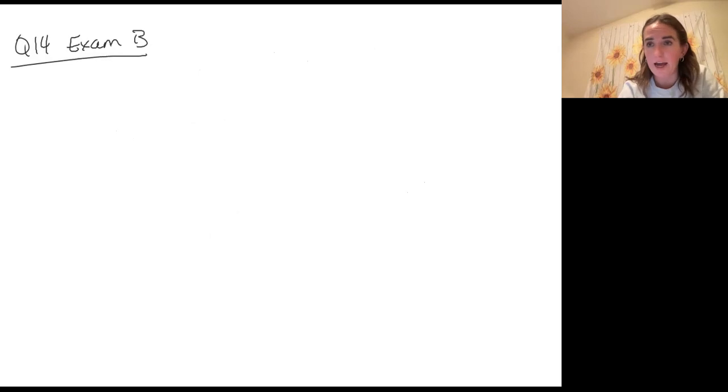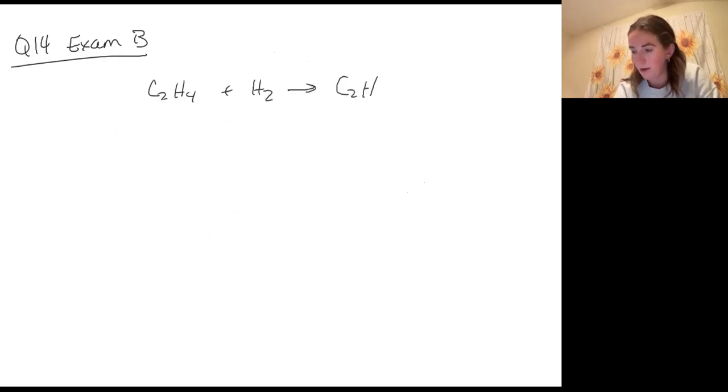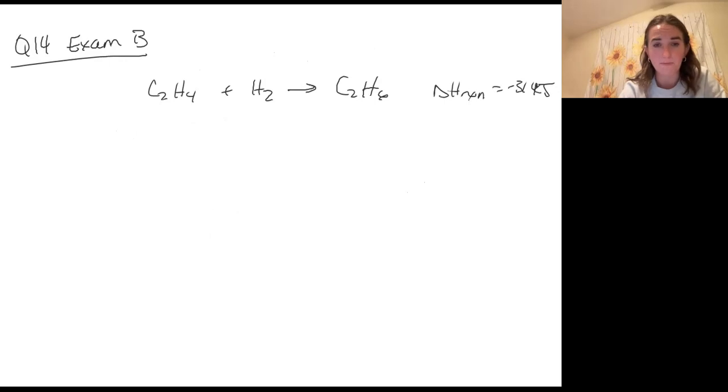Okay, and then this is going to be question 14, exam B. So this one you're looking at C2H4 and H2 going to C2H6, and this is delta H reaction equals negative 31 kilojoules.